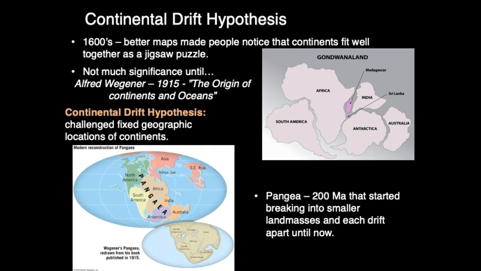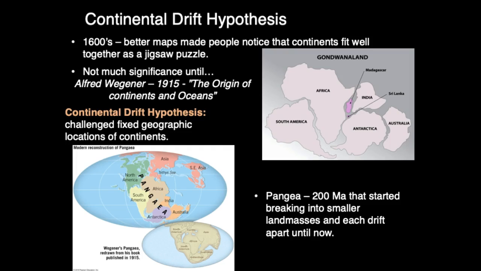With these better maps, people started to realize that the continents sort of fit together like a jigsaw puzzle, especially if you put South America and Africa together, as you're seeing there in the picture on the right. People gave little significance to this until about 1915, when Alfred Wegener, a German meteorologist, wrote The Origin of Continents and Oceans.